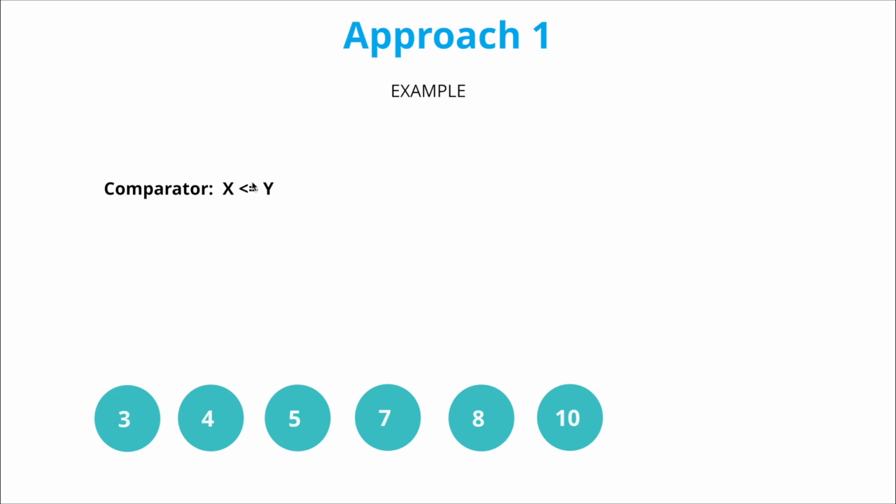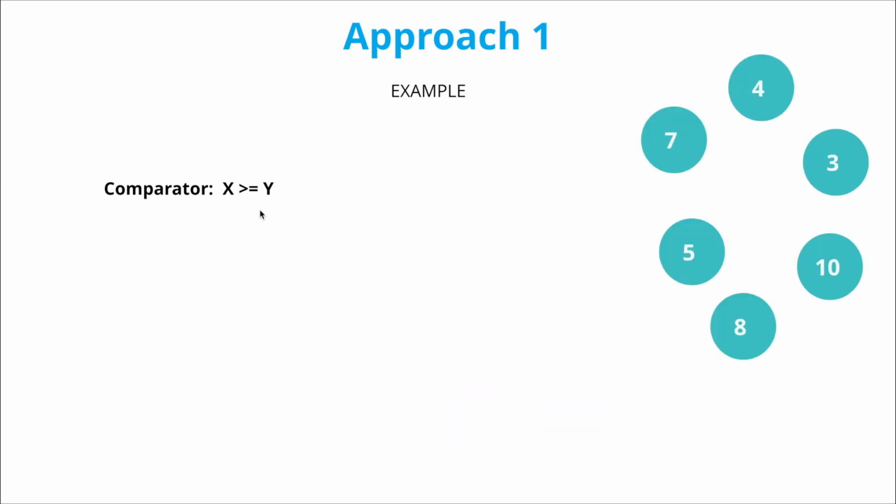So now let us negate this operator, and you will see that it changes to the opposite behavior. So now we have x greater than or equal to y. So this means that the bigger element would come out of the priority queue before the smaller element. So if I call the first poll method, I have 10.